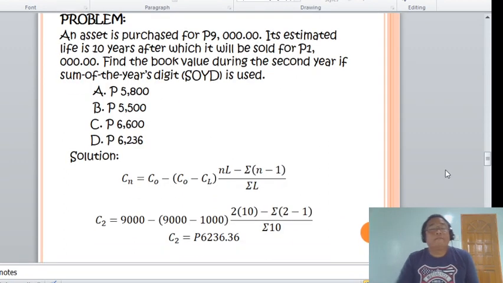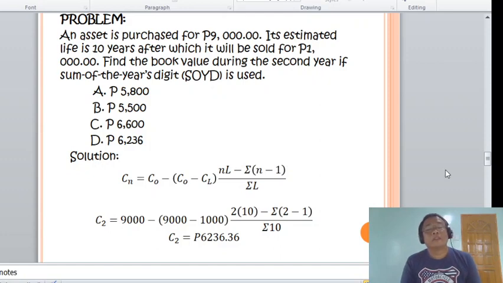So we have here another example. An asset is purchased for 9,000. Its estimated life is 10 years, after which it will be sold for 1,000. Find the book value during the second year if sum of the years digit is used. Again, a multiple choice problem, A, B, C, D. Solution: book value during the second year is Co minus Co minus Cl.